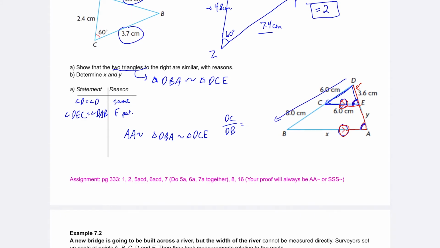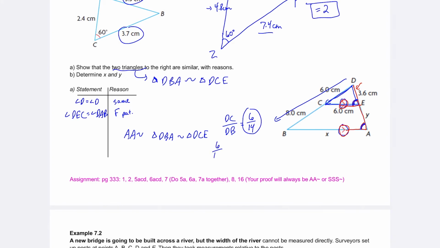So notice that DC is equal to 6 and DB is equal to 14.